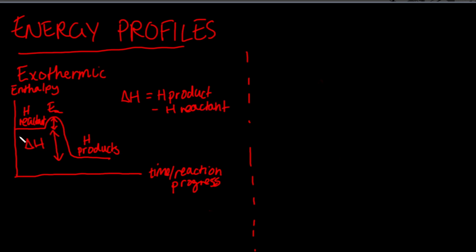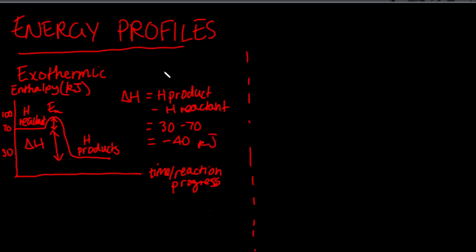So if we just give some random values, say this is about 70, give this 100, we'll say this is 30, the change in enthalpy will be 30 minus 70, which is negative 40 kilojoules. And we'll say this is in kilojoules, just for the sake of argument.